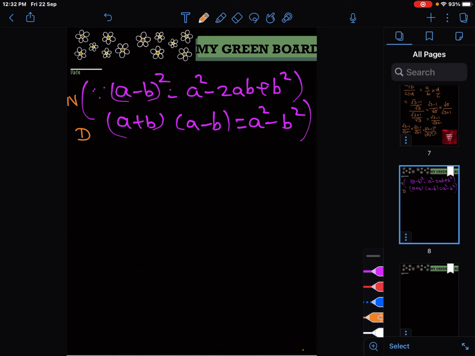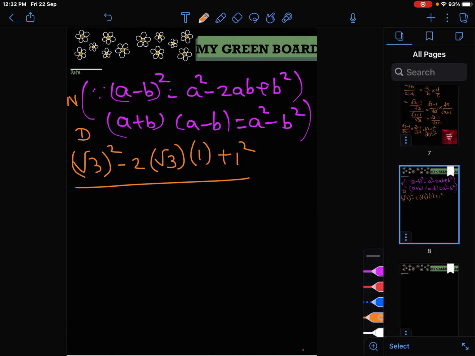Now I am getting root 3 the whole square minus 2ab, 2 into a is root 3 into b is 1, plus b square, divided by 3 minus 1. Root 3 whole square is 3.